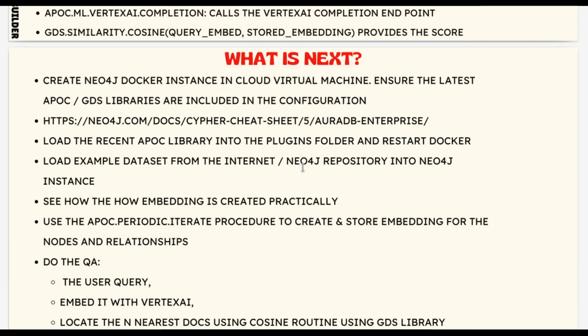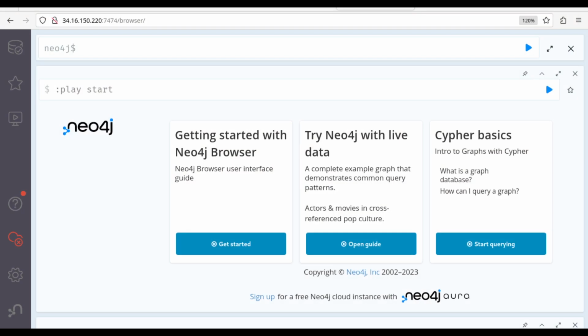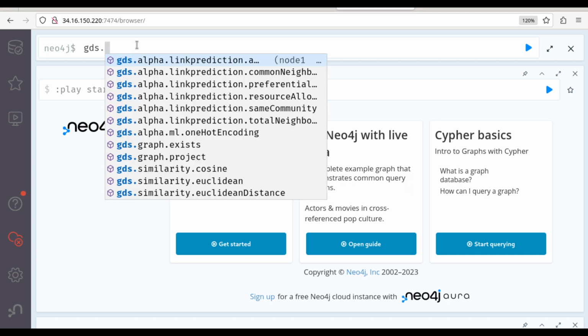Next, we are going to take a look at these steps. We have already created the Docker instance, and we saw how to get the configuration up and running. Let me go back to the browser for a moment and ensure that my Docker has the correct set of modules installed, or else I will be in trouble.